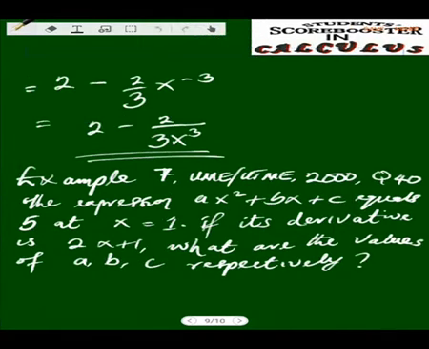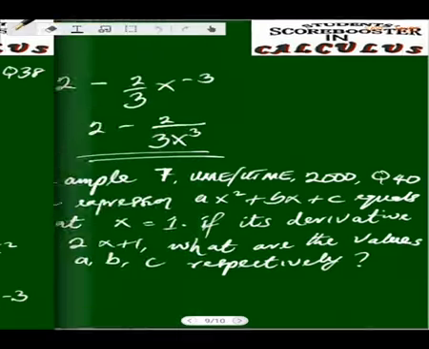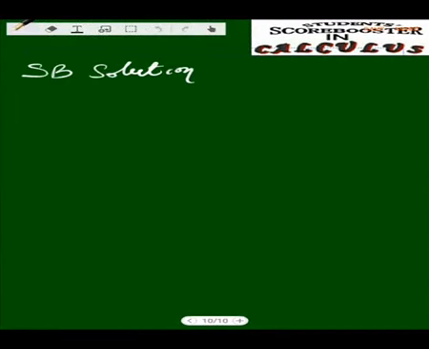I said the expression ax squared plus bx plus c equals 5 at x equals 1. So I'm going to write that expression, ax squared plus bx plus c, which I was told is equal to 5 at x equals 1.